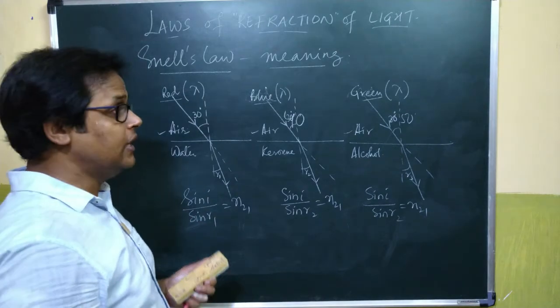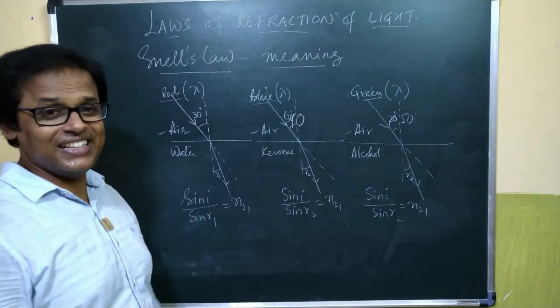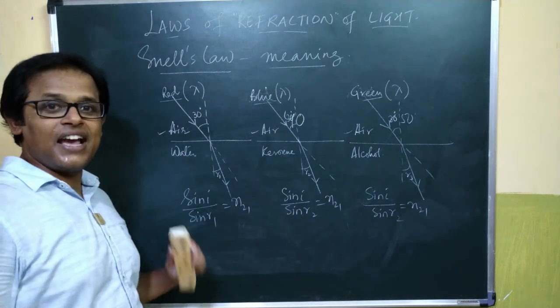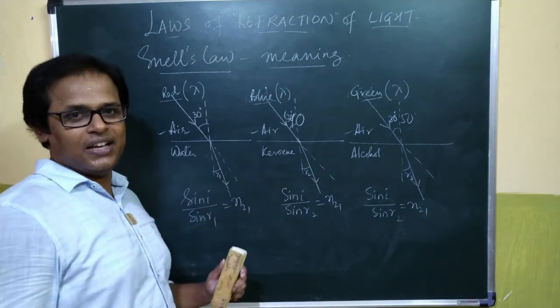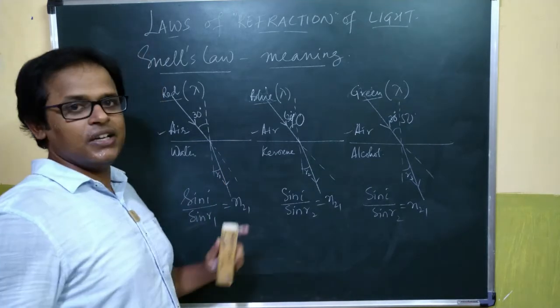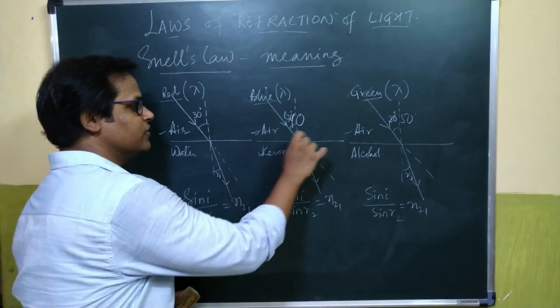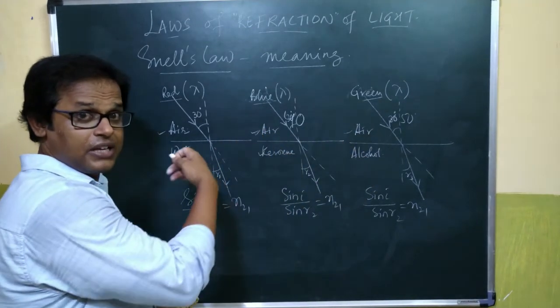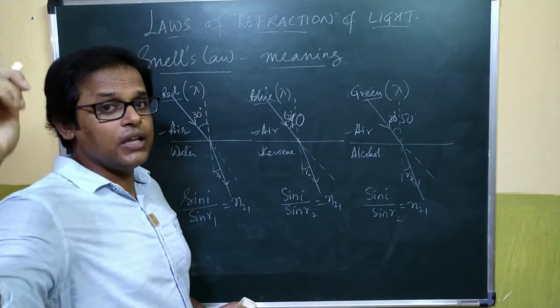The answer is absolutely yes. That's it. Sine i by sine r, the refractive index of the pair of media, is completely independent of the angle of incidence. It only depends upon the nature of the media, that is the pair of media in concern, and it depends upon the wavelength of the light.